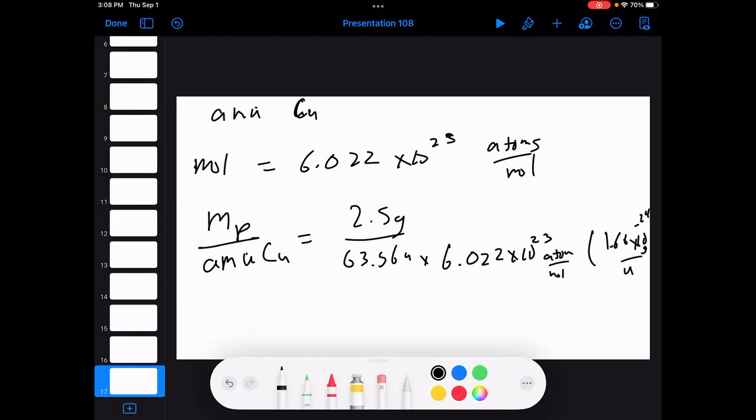Grams per mole. Okay, good. So that means we need to multiply the top by Avogadro's number, right?